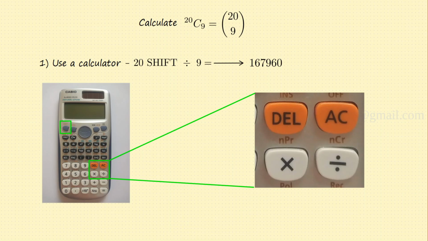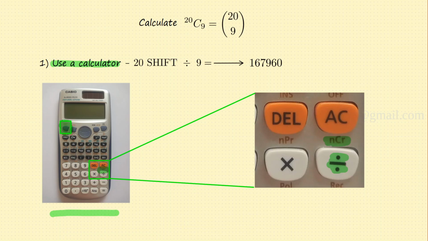The easiest way to calculate 20C9 is to use a calculator. On this Casio calculator pictured here, there is a button labelled nCr, which is above the divide button here. I've shown nCr here in greater detail in the exploded view of those 4 buttons, and to get nCr as an operation, you have to use the Shift key.